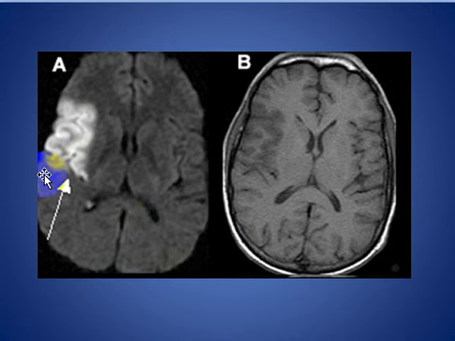As we said, diffusion is very sensitive to intracellular cytotoxic edema from acute infarction. In this patient, MRI T1 shows an ill-defined hypointense area, and the diffusion delineates the acute infarction in the territory of the middle cerebral artery.